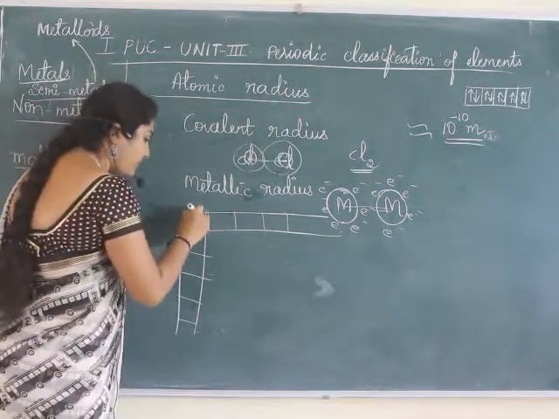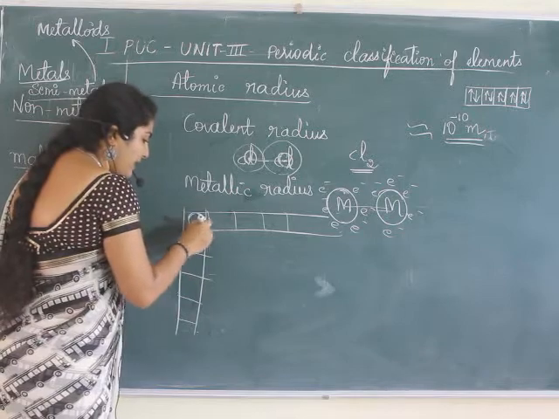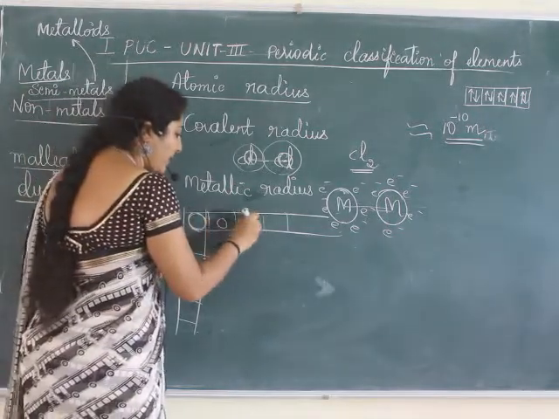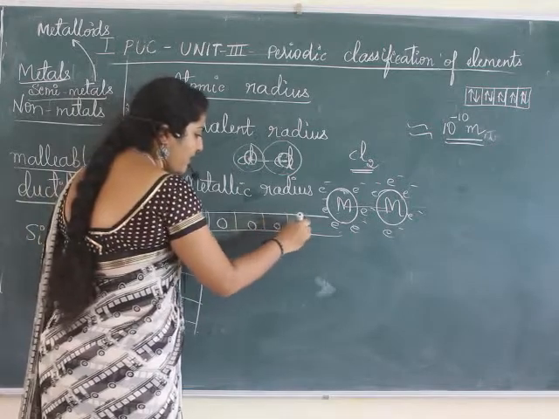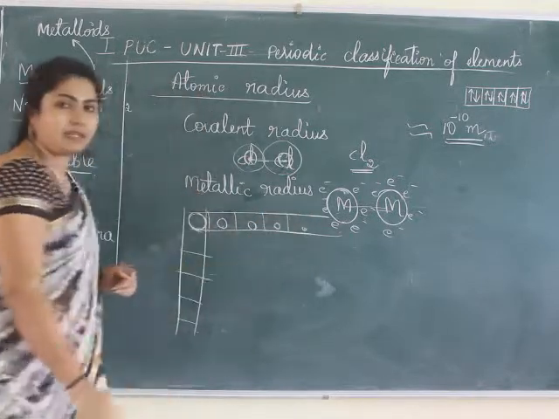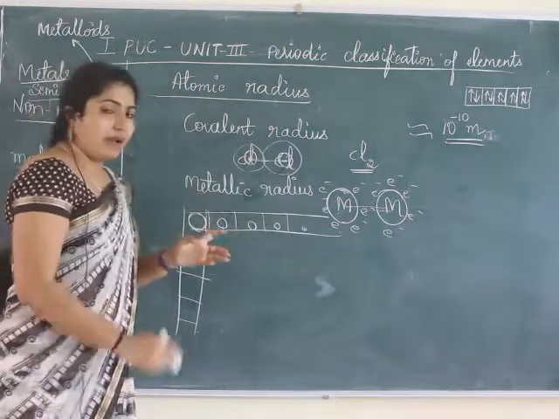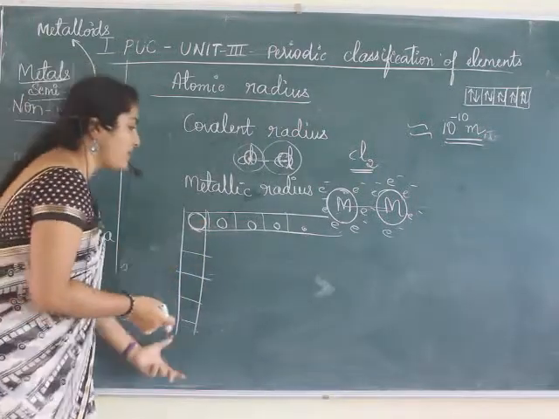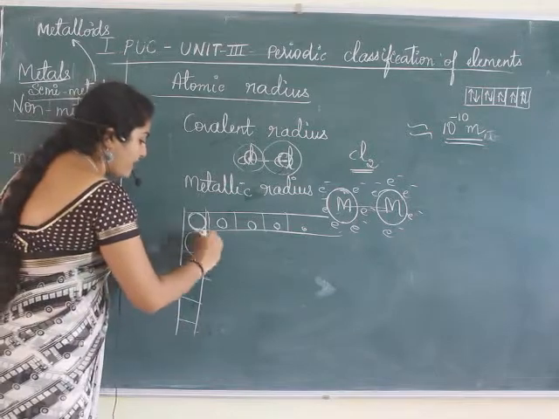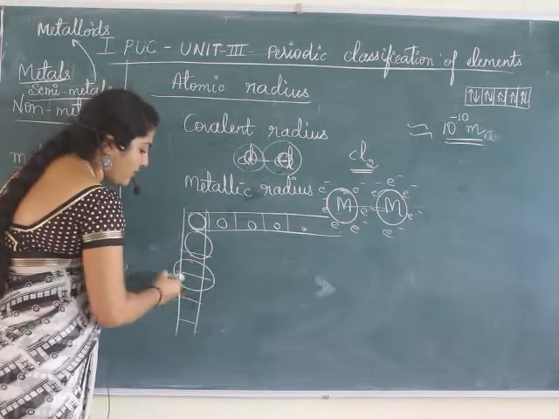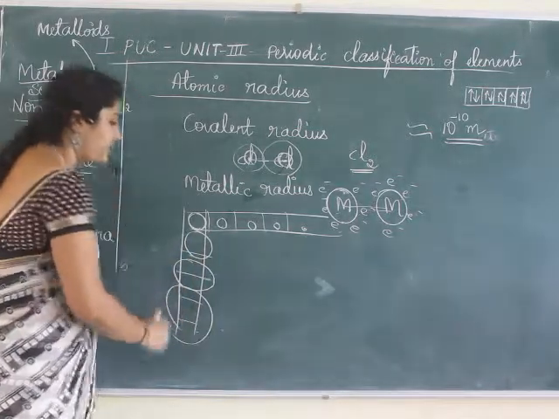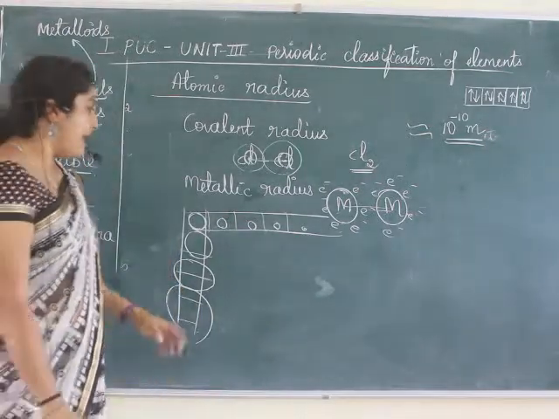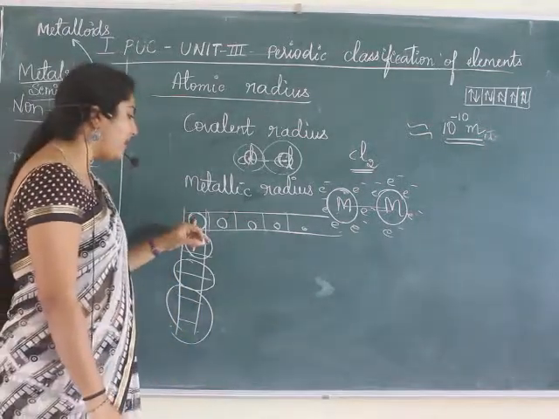Here the size of atom across the period goes on decreasing. Understand it properly so that it will be very easy to understand other concepts. Whereas as you move down the group, the size of atoms goes on increasing. I'll tell you the reason here.